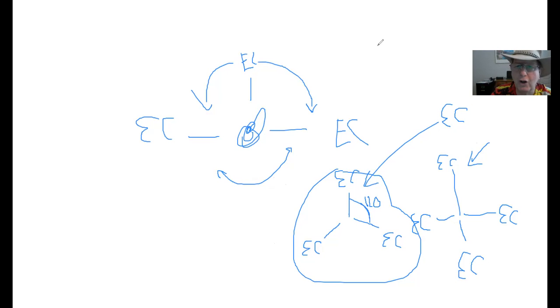And so as a consequence, it does not appear like this. In order to get them as far away from one another, if I employ the third dimension, instead of getting a square planar formation, what I have, and I'm horrible at making these drawings, is one of these electron clouds coming out towards me.